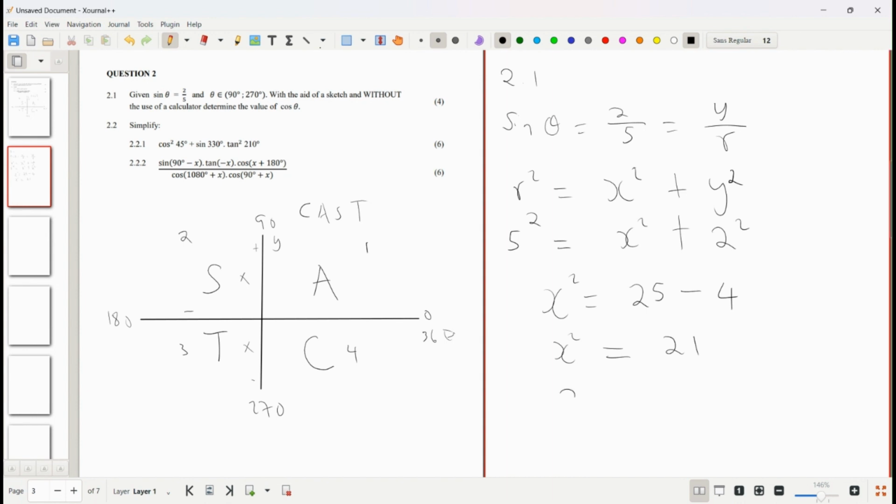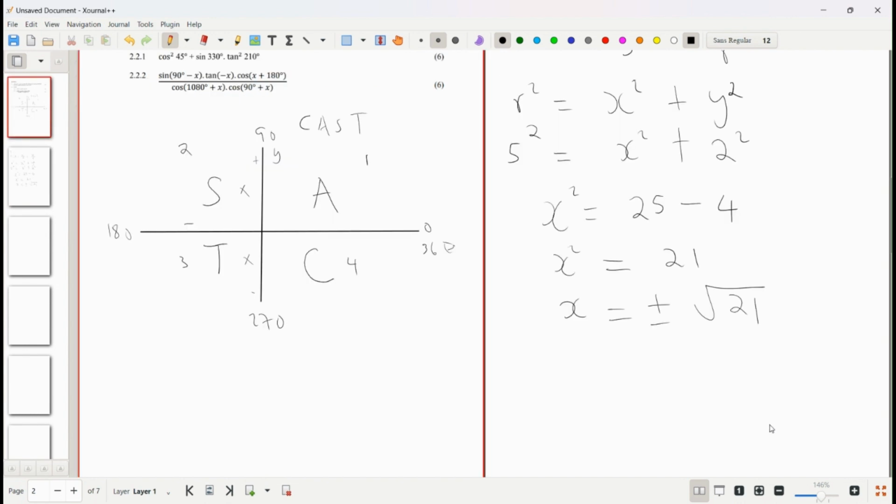So we'll have x equal to plus or minus square root of 21. Which one between plus or minus do we choose? We said in the second quadrant our x value is negative. So it will have to be negative square root of 21. So our x value will equal negative square root of 21.